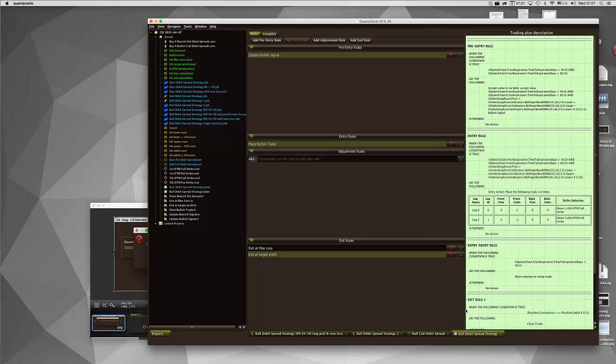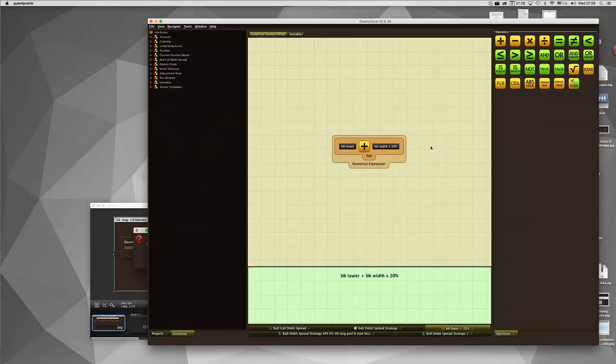And of course, another thing to point out here is that I've arbitrarily chosen a lot of different numbers. Who's to say that 20% is the correct number in my Bollinger Band? Who's to say that 20% is the optimal number? I don't know. It's just the first one I drew out of the air.